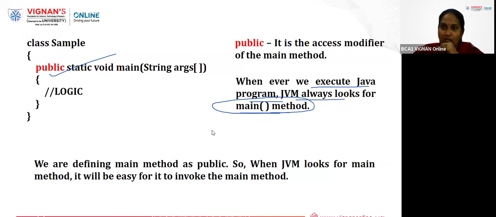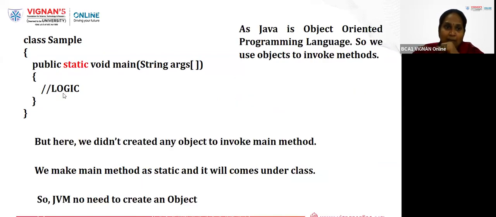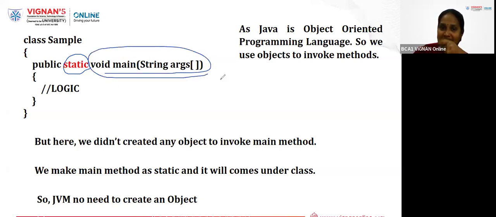Access modifier, access specifier. And coming to static, always the main method should be static method. Static method means without creating object, we can access the main method. So actually, for accessing a method which is present in a class, we need to create an object.